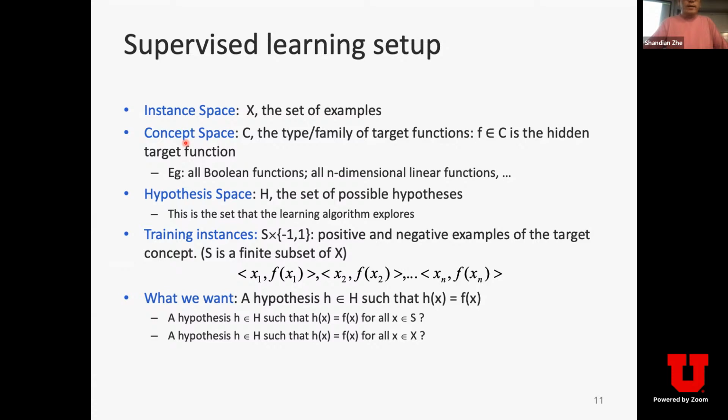Or it could be even larger, like all positive functions could be a concept space. So this could be a very large family of target functions, but you can define it freely. This is basically saying that if you want to learn a concept space, you're trying to restrict your learning task to a specific type.